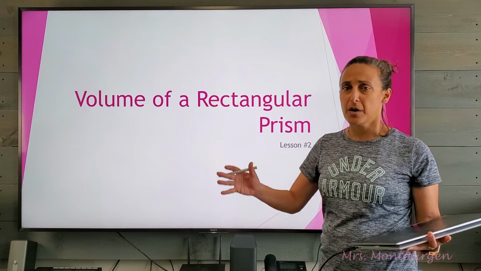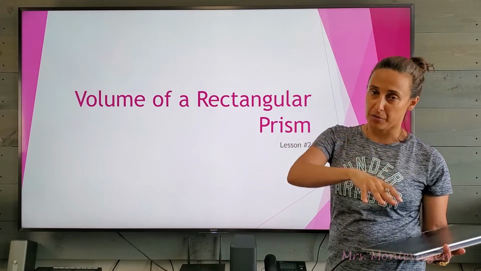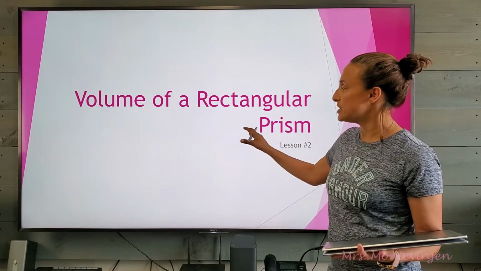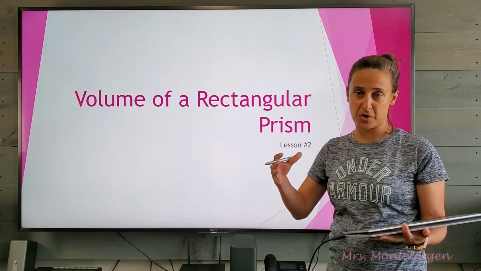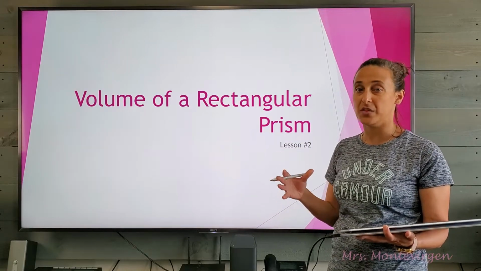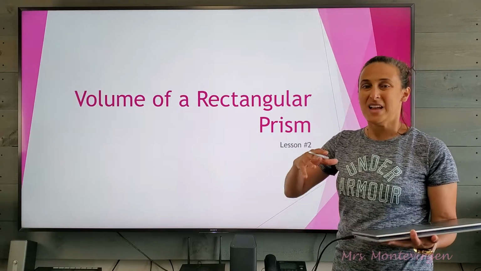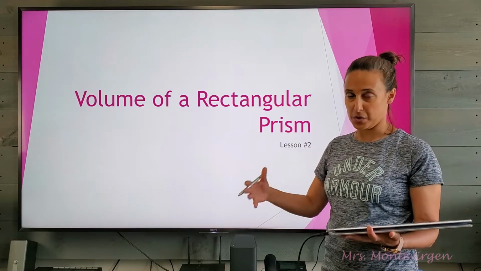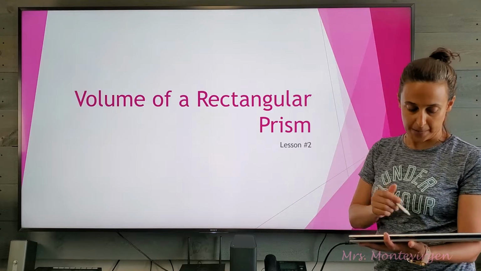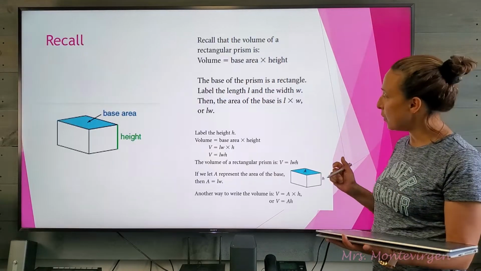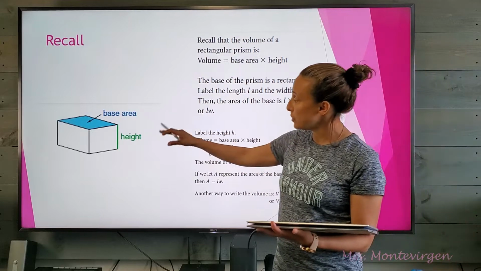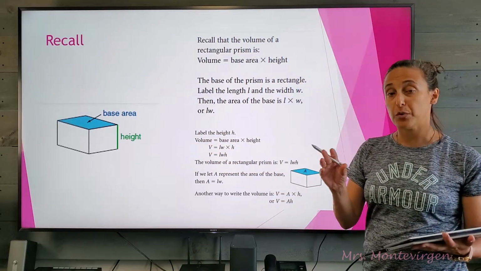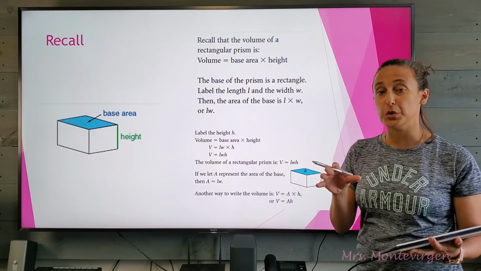If you remember volume from previous years, we're dealing with the amount of space that an object takes up. So now we're dealing with the inside of a prism instead of the outside, which is what we would have done on surface area. To put this very simply, when you're dealing with a rectangular prism, there are really only two things you need to know.